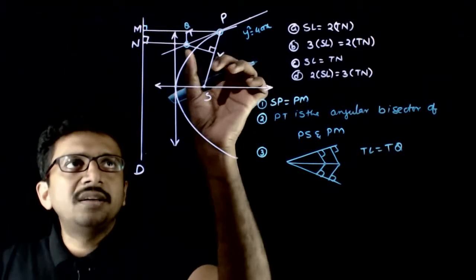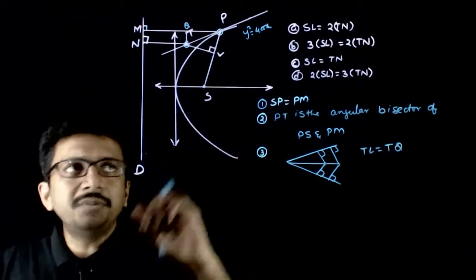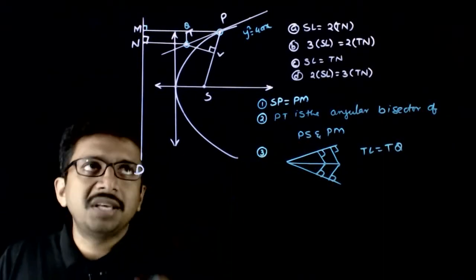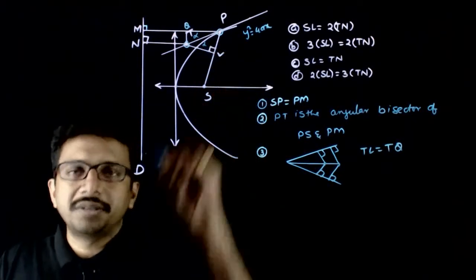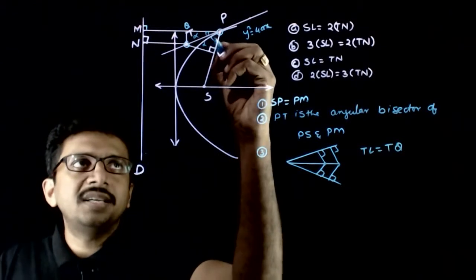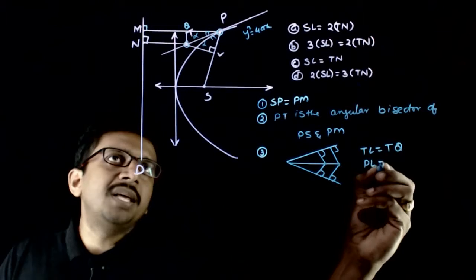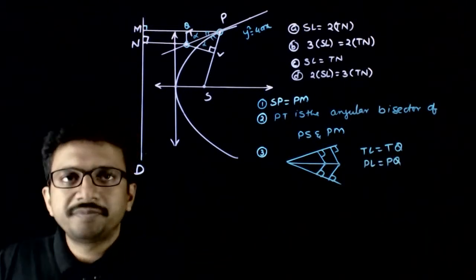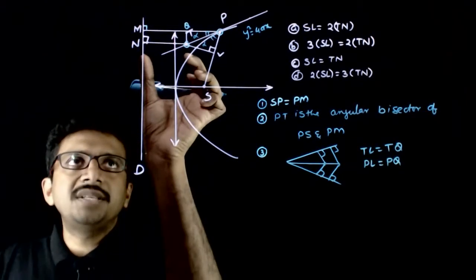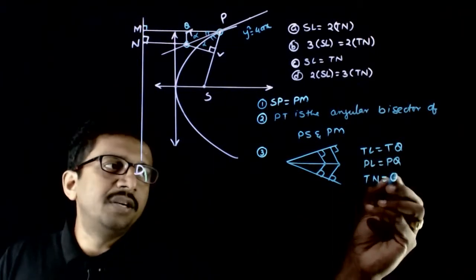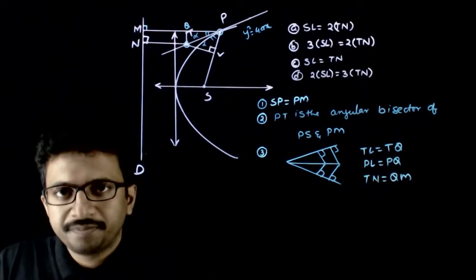So TL will be equal to TQ, and also the distances cut off on these lines are equal because these two triangles are congruent. If these two angles are equal, then TL is equal to TQ and PL is equal to PQ. And by construction, can you see that TN will be equal to QM?